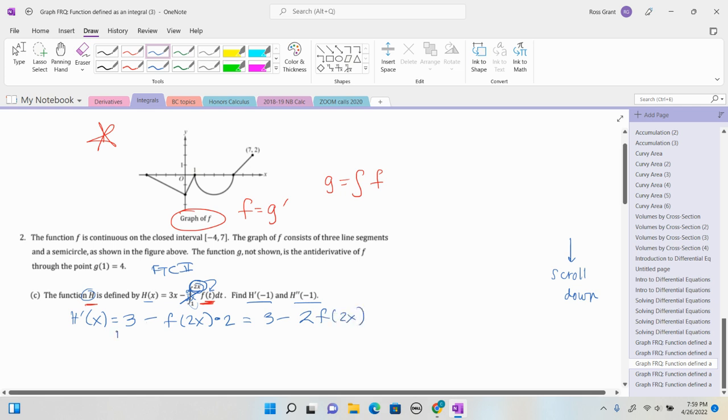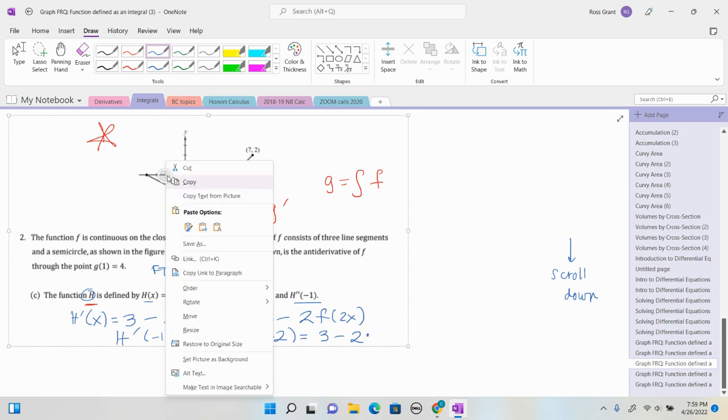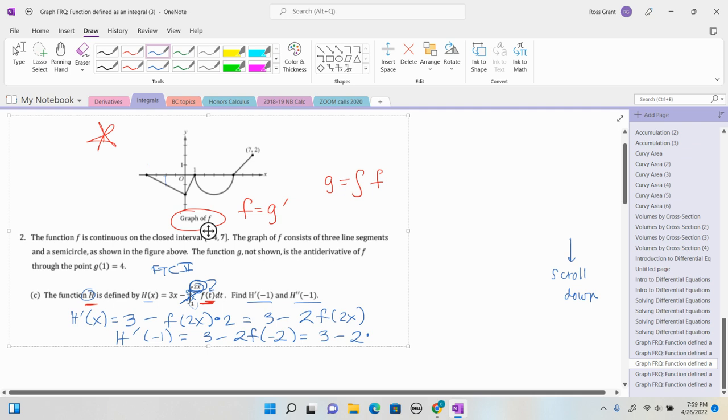Isn't that cool? So h prime of -1 would be 3 minus 2 f of 2 times -1. So -2. Okay, 3 minus 2 times f of -2. Well, here's -2. And the function value there, let's just make sure I start here at -4, 0, and I go down to 0, -2.